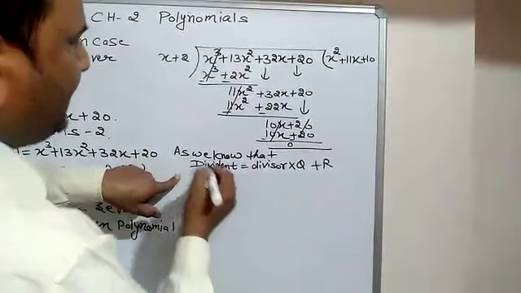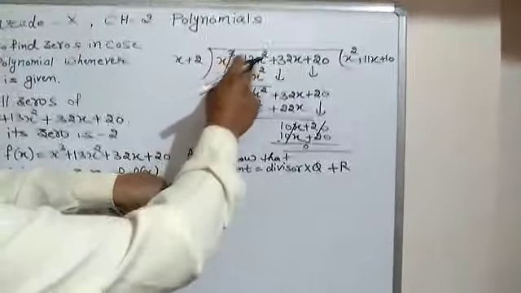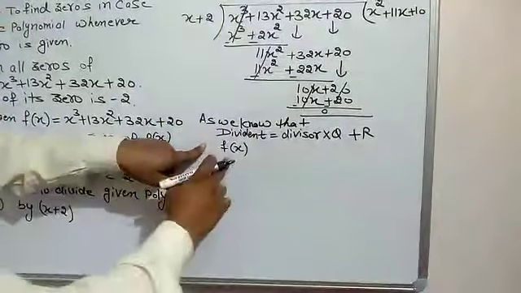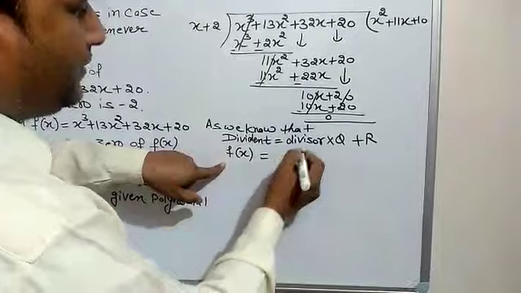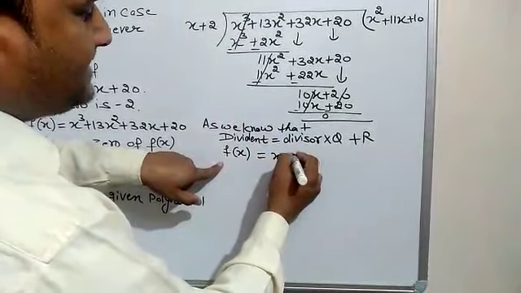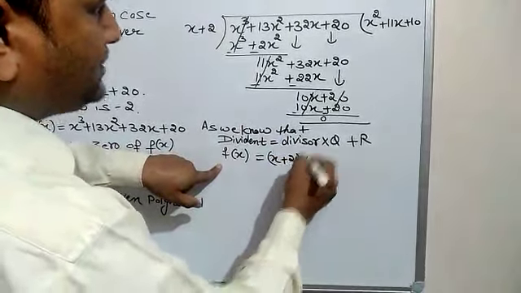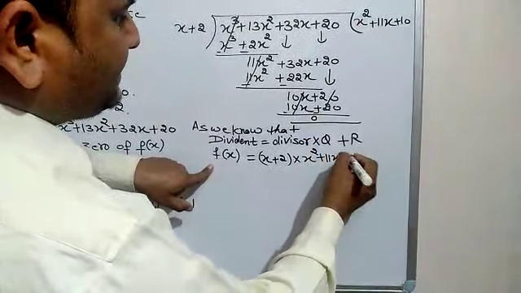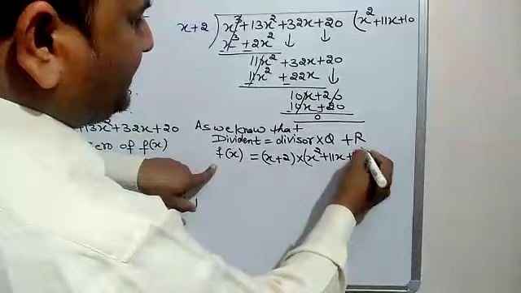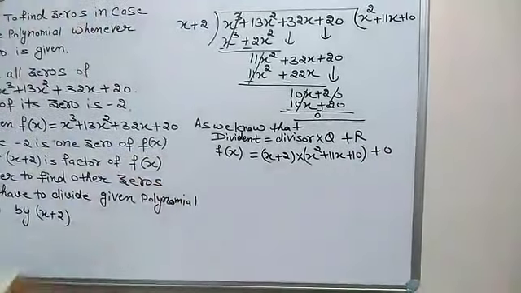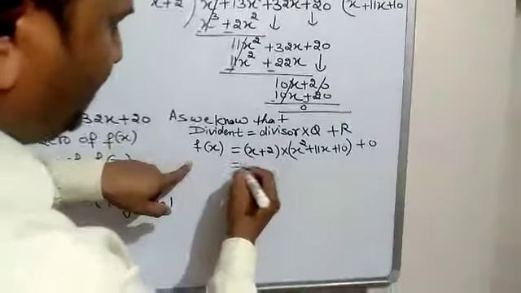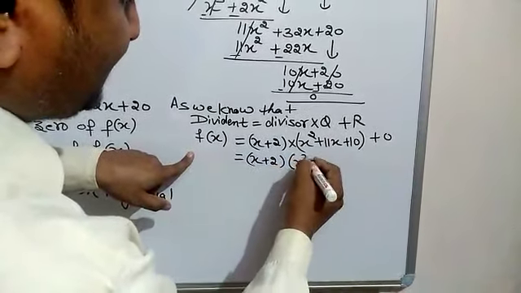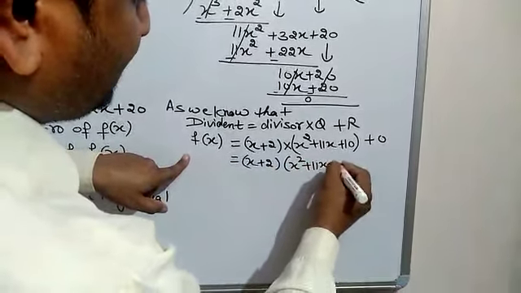It's your choice whether you write x cube plus 13x square plus 32x plus 20, or f of x. It equals the divisor, x plus 2, into the quotient, x square plus 11x plus 10, in brackets, plus remainder 0. So now students, see it carefully. We are left with x plus 2 into x square plus 11x plus 10.